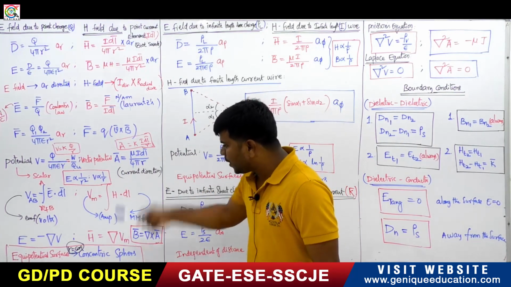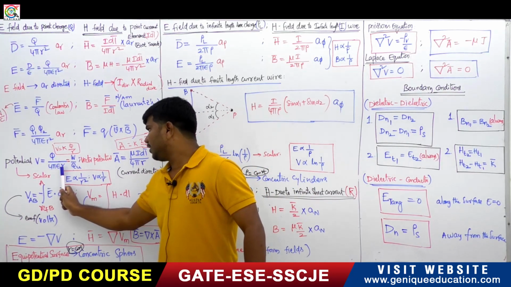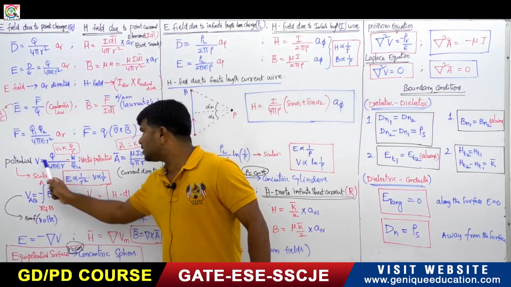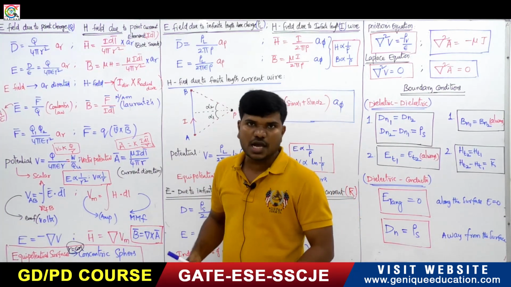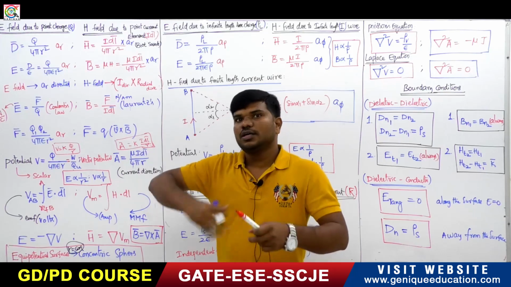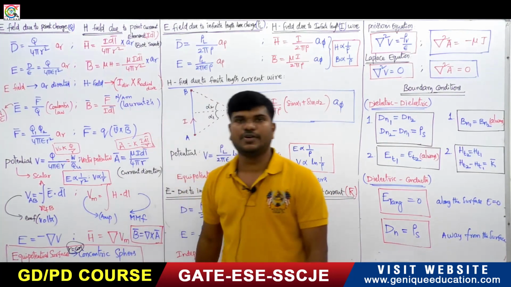Next, a very important thing: if r is equal to constant, what happens? V is also constant. If r is constant, the voltage is also constant. So the r equals constant surfaces are called equipotential surfaces.